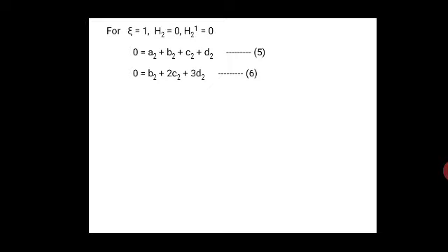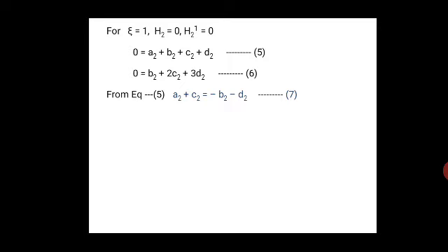Then we have 0 is equal to a2 plus b2 plus c2 plus d2. Write this as equation 5. Similarly, for h2 dash is equal to 0, we have 0 is equal to b2 plus 2c2 plus 3d2. Write this as equation number 6.